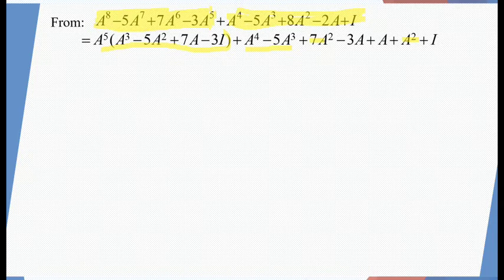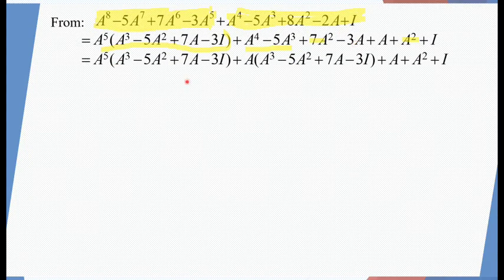So we can rewrite it as minus 3A plus A. So we can get A as a common factor from these four terms. So A raised to power 5 into A cube minus 5A square plus 7A minus 3I, plus A into A cube minus 5A square plus 7A minus 3I. And the remaining terms are A plus A square plus I.